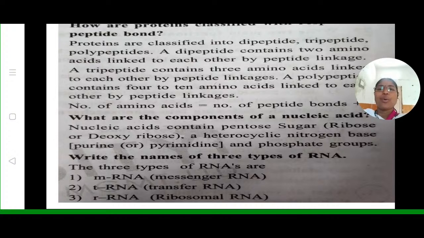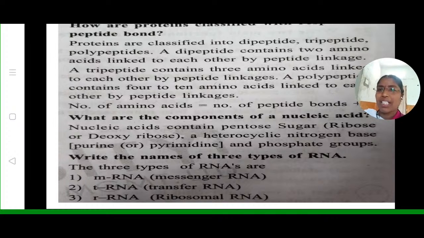So here 2 amino acids are linked to each other by a peptide linkage. Such amino acids are called dipeptides. Then let us go to tripeptides.